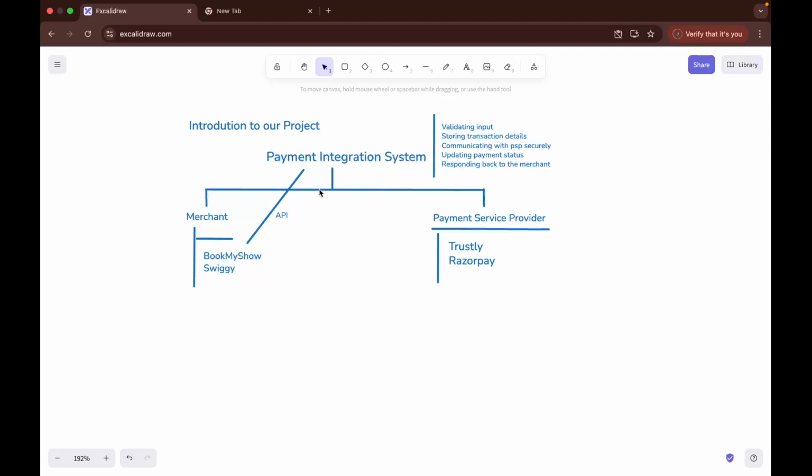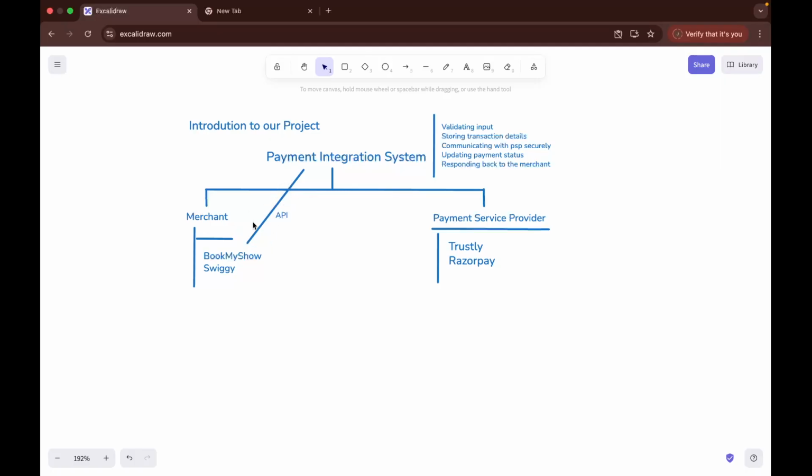This request hits our validation service, and it checks if the request is valid, that the parameters are correct and the signature matches.